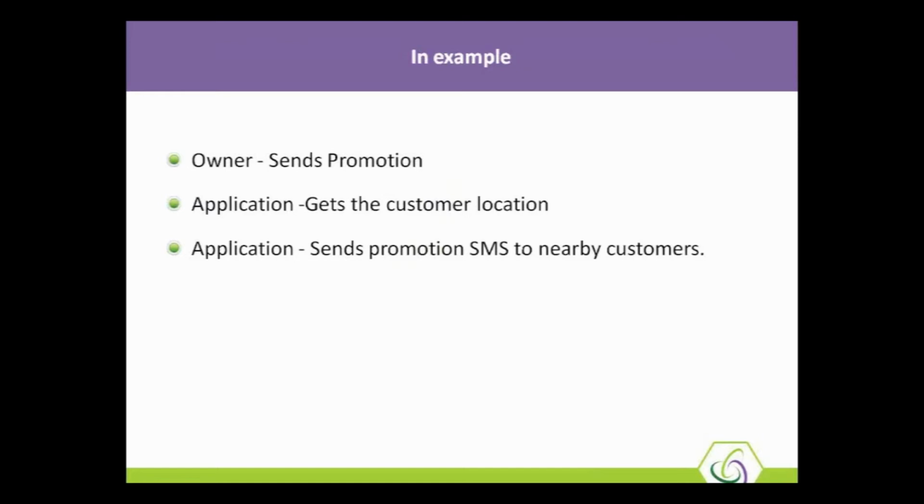In the example we have done, the owner sends the promotion, the application gets the customer location, and the application sends the promotions to the nearby customers. So you can easily develop these applications, and we will provide the sample application on the DevSpace site. You will get the sample and a step-by-step video guide also on the DevSpace site.